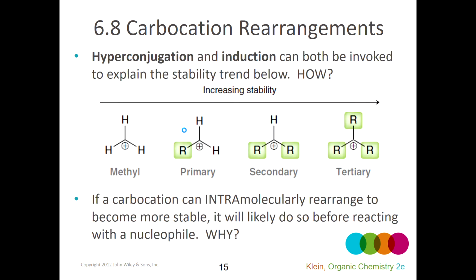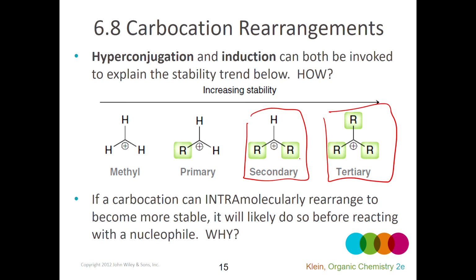And after we spend so much time talking about this slide here, students become really focused on the idea of a tertiary carbocation being more stable than a secondary, and that's fine. But you don't want to forget that resonance is more stabilized than hyperconjugation. So a primary carbocation that could be stabilized by resonance would be even more stable than a tertiary or secondary that cannot be stabilized by resonance.